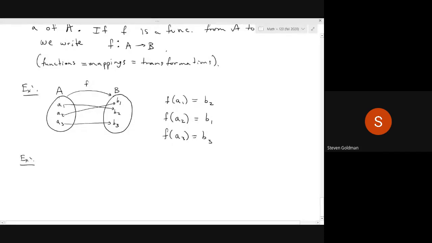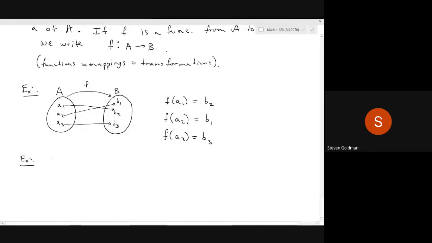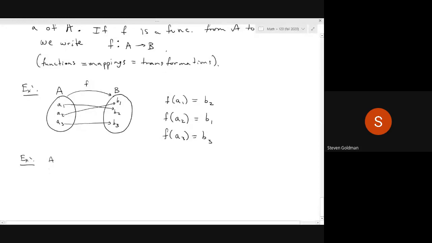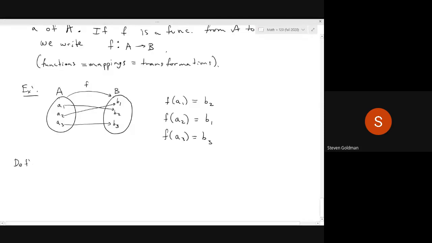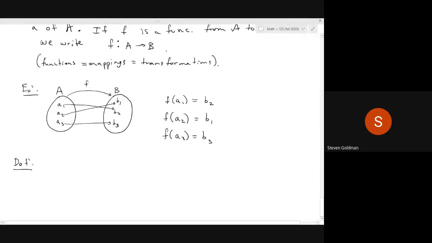Before I give you another example, let me define a few more terms, and then we'll do some more examples.